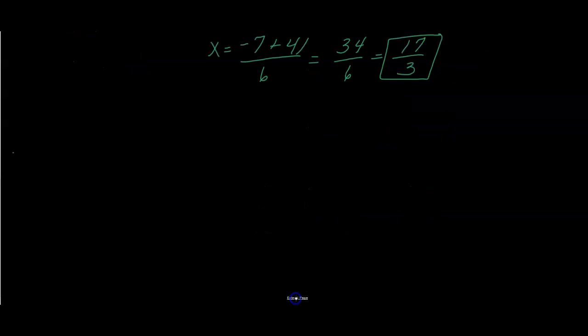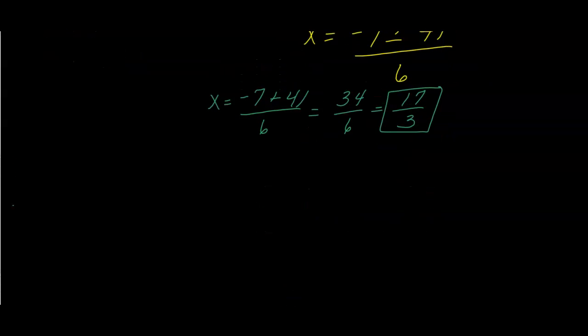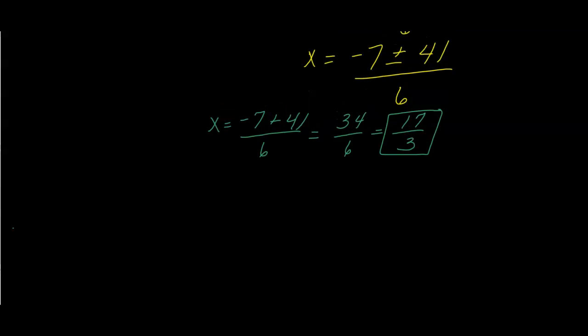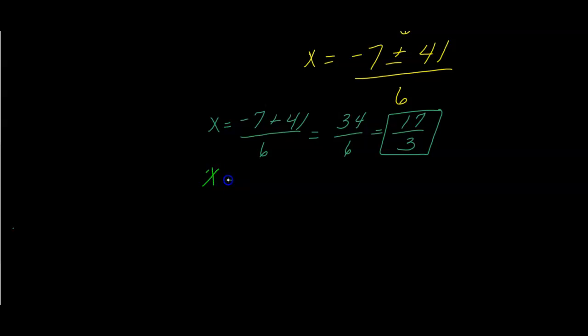And then it says plus or minus, so we have to do the minus too. So x equals negative 7 minus 41 over 6, which is going to give me negative 48 over 6. And negative 48 over 6 is just negative 8.